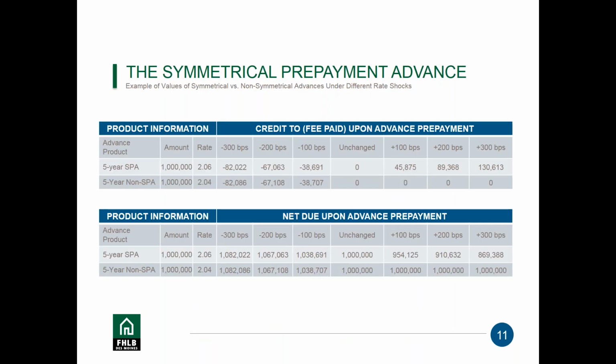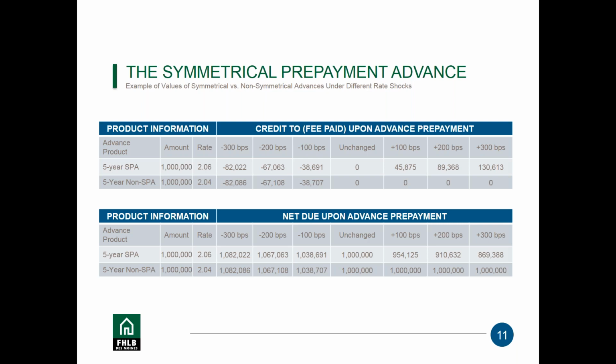So now let's put the microscope on and really look at symmetrical advances versus non-symmetrical advances. This chart illustrates the difference in prepayment fees or credits that are associated with a standard 5-year, $1 million bullet advance, let's say, and the same advance which would have a symmetrical add-on feature.